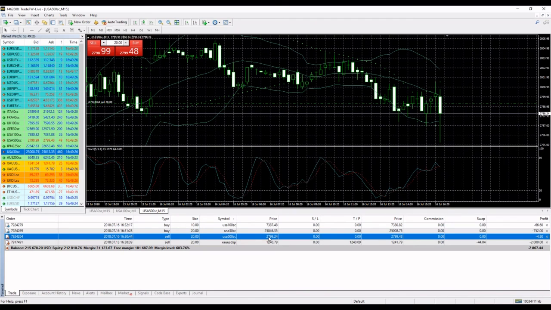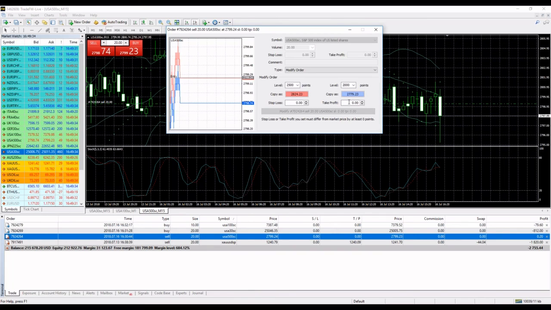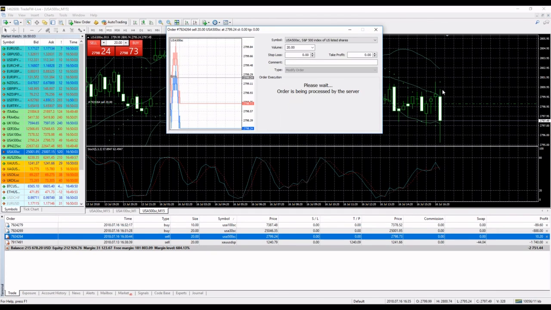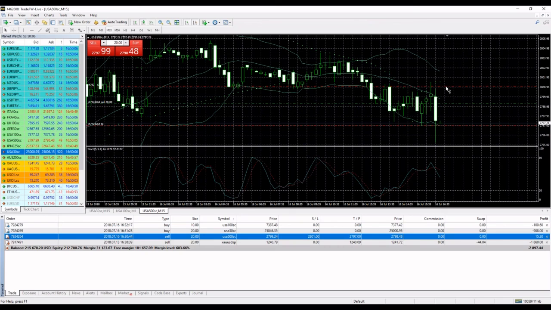I'm expecting a take profit of 2,797 and a stop loss. I will put my stop loss at 2,801. And why do I put that? Because I believe that it will hit against the 2,800 and then return back down. So our take profit will be hit very soon.